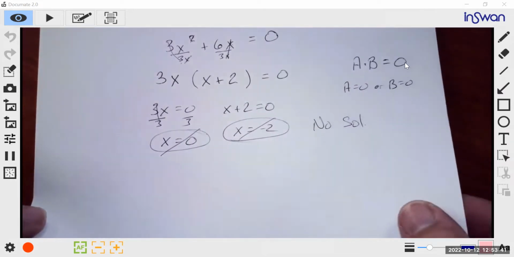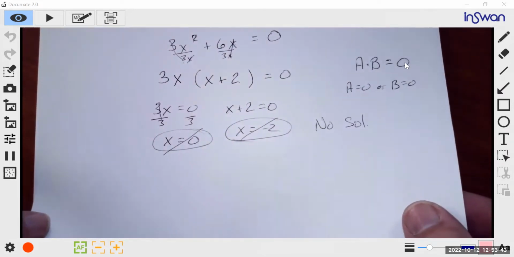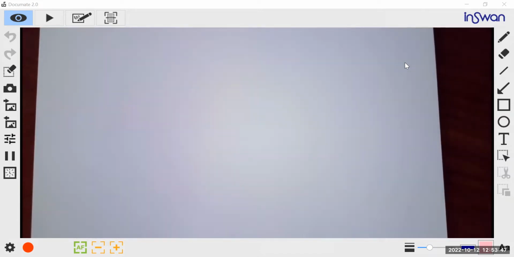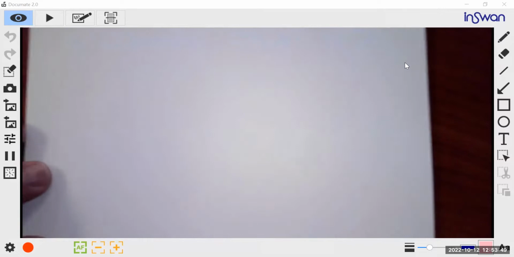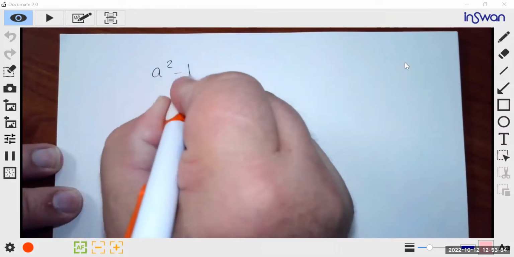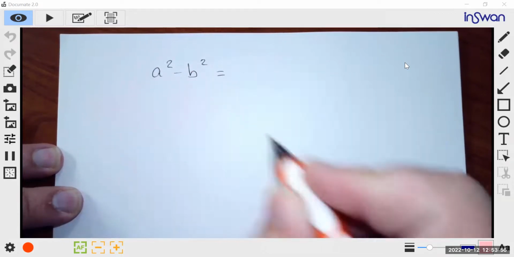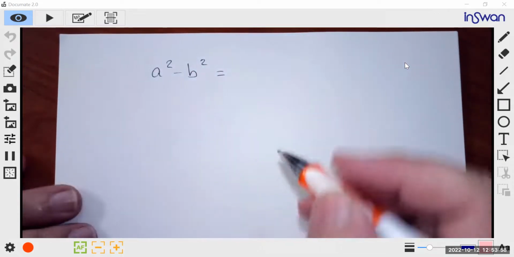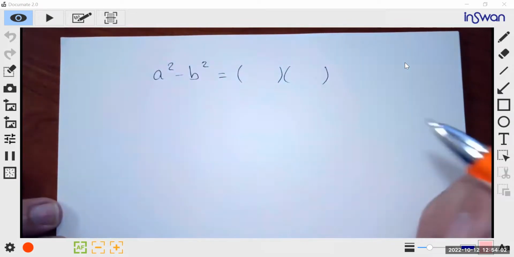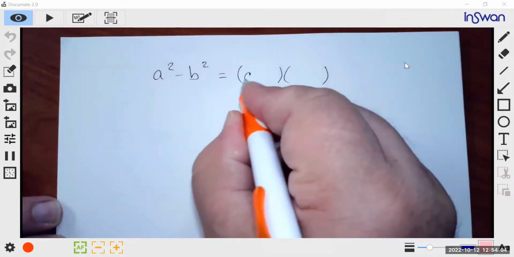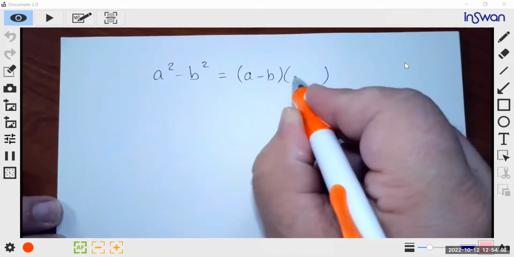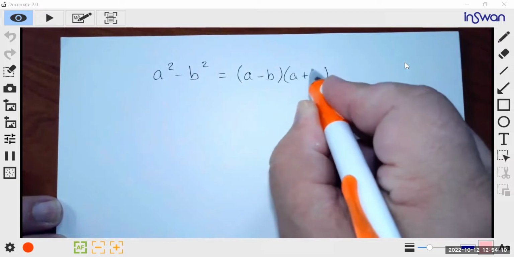There's another property when it comes to factoring. We know the difference of two squares now. If we have this difference of two squares, what does that factor out into? Oh, yeah.